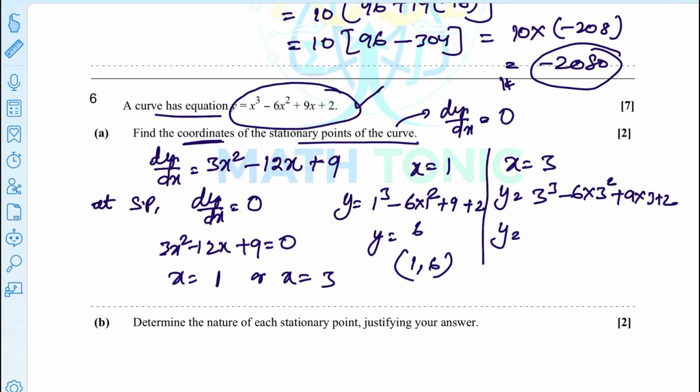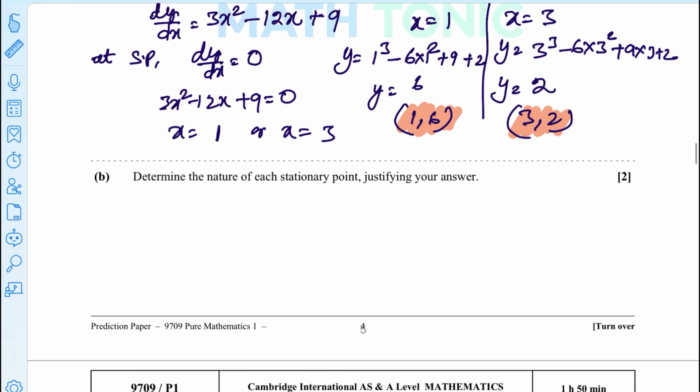If you simplify more, I got y equals 2. So we can say that is 3 comma 2. Check this. 1 comma 6 and 3 comma 2 are the coordinates of the stationary points.